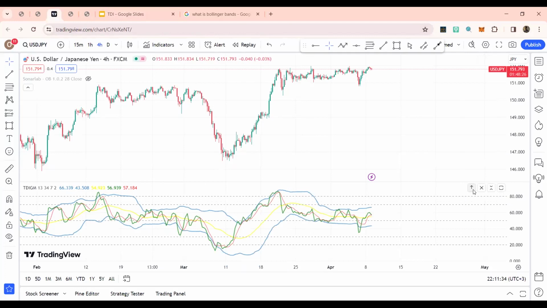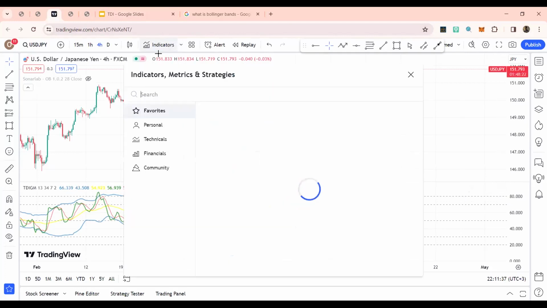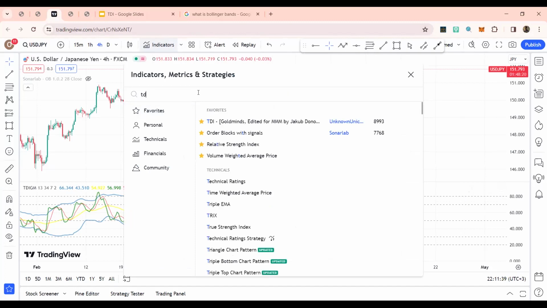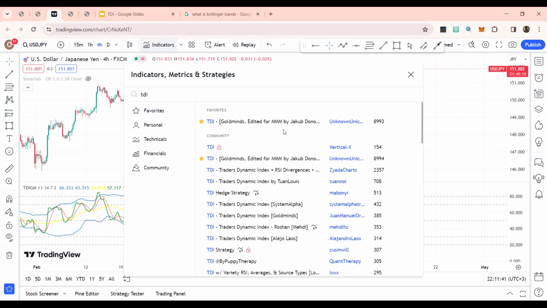Now this is the TDI. To find it, you click indicators and you search for TDI. Just choose this gold one. You can see there are so many others. I don't know if I'm even using the right one, but sometimes people choose this.